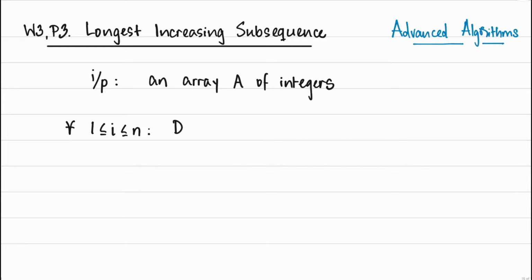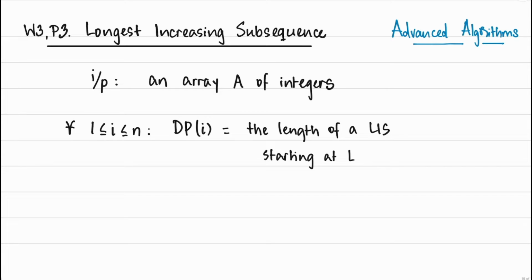So let's say that dp of I stores the length of a longest increasing subsequence that starts at the ith element of the array, right?